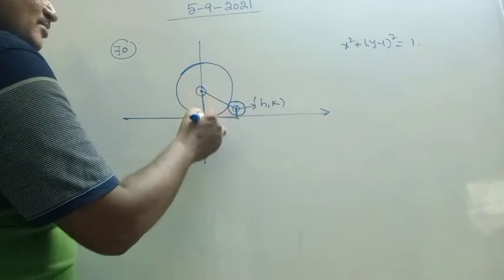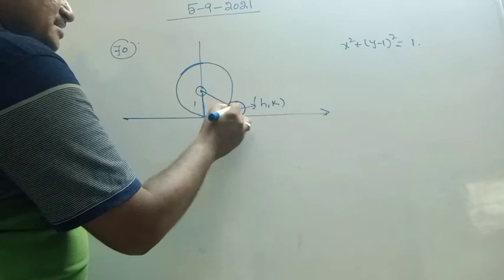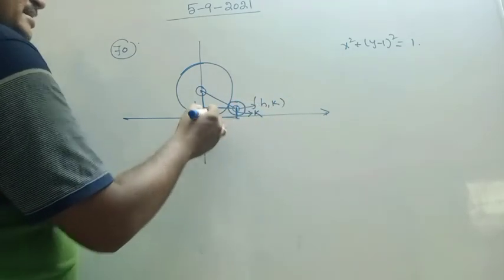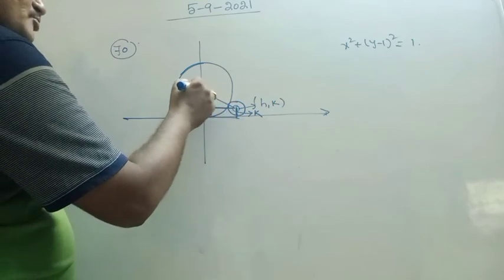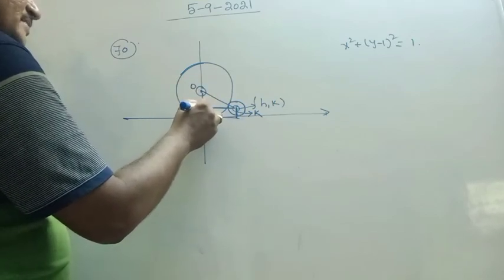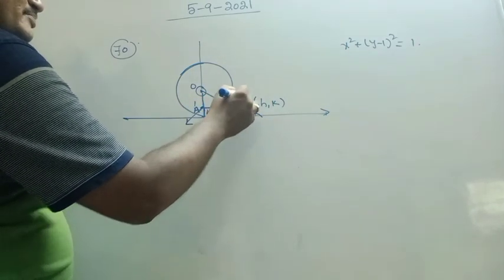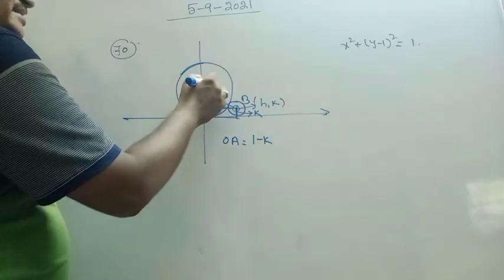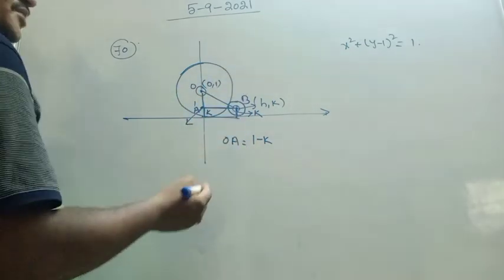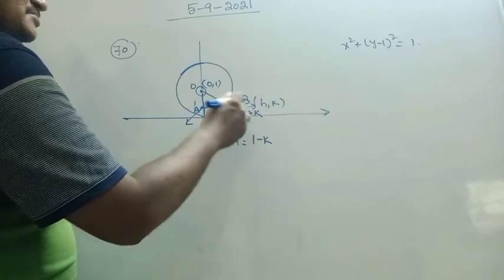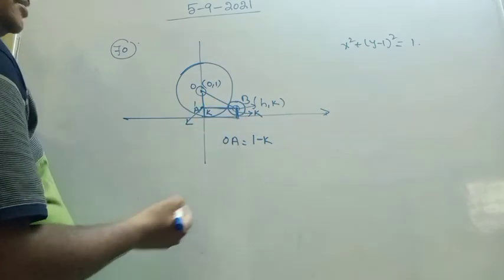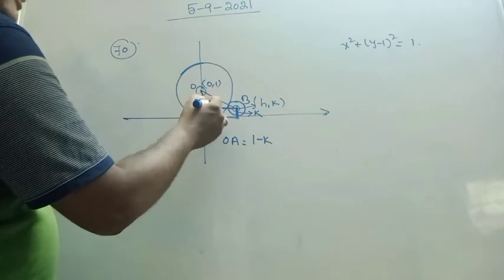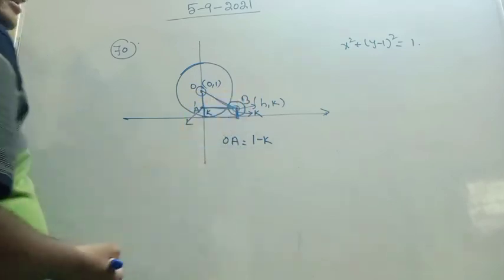This length is k, and this is k here. Suppose you take this point as O, this as A, and this as some B. OA is nothing but 1 minus k, and this center is 0 comma 1. This radius is nothing but the modulus of k, and this length is 1 minus k. This you can also find very easily from that.